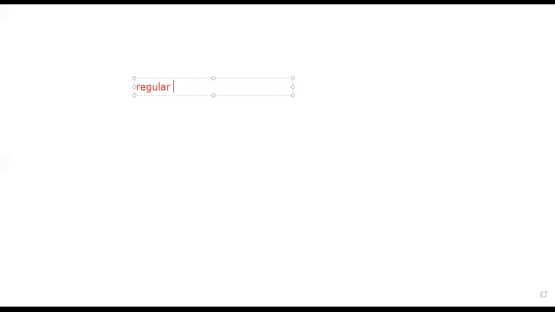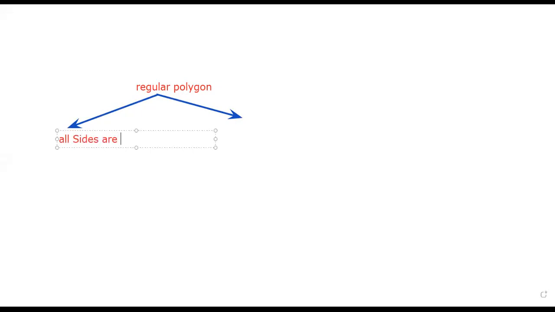Then we said closed regular polygon means, do you remember we said with the word regular polygon we have to remember all, right? Once you have regular, then you have to note that all sides are equal in length.